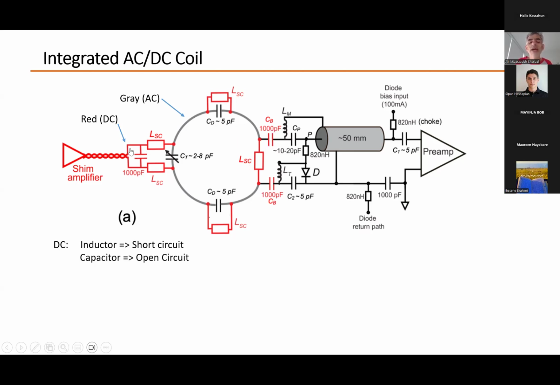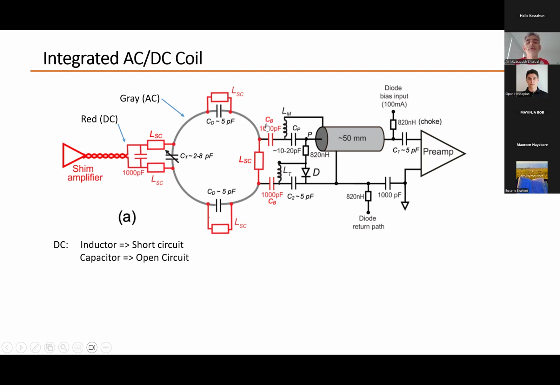So what happens when we apply a DC voltage to here? The DC voltage goes through the inductor, and from the point of view of a capacitor, the DC voltage cannot pass through the capacitor, so it goes here, then goes through the inductor. It does not go inside the circuit because these capacitors block the DC signal, and again and again, and it comes back here. So the red path shows the path in which the DC current goes through.